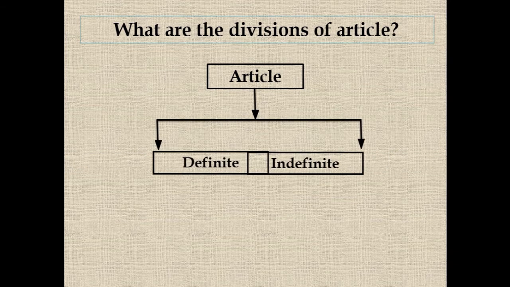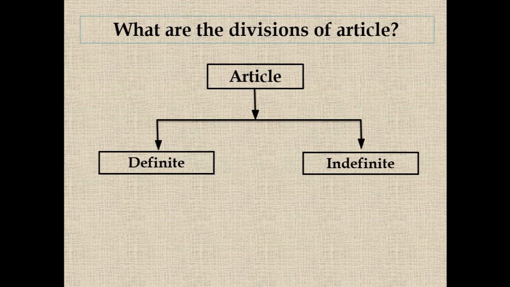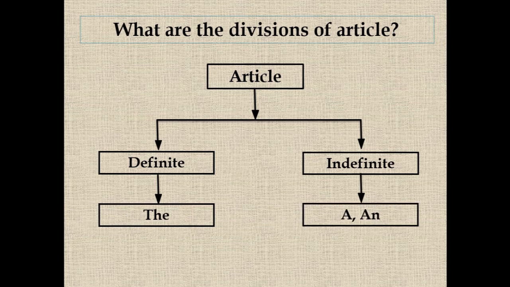So there are two types of articles. First one is definite and second one is indefinite. Definite is the, and indefinite is a and an.